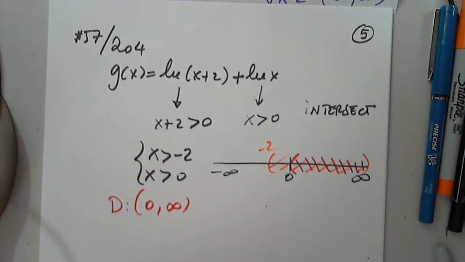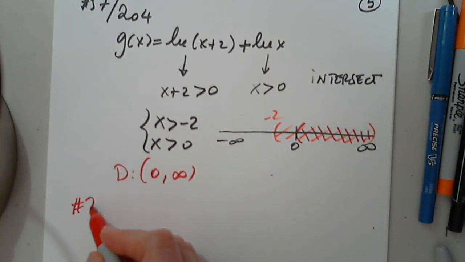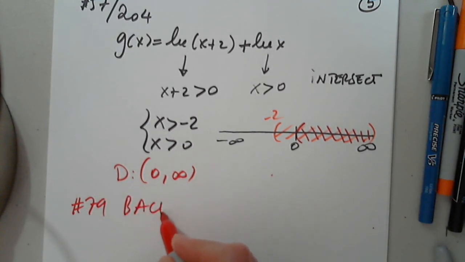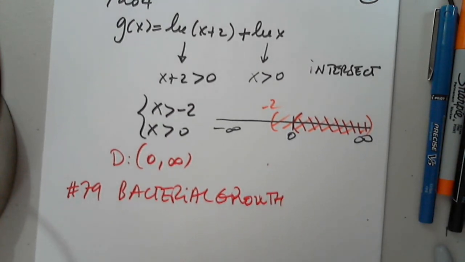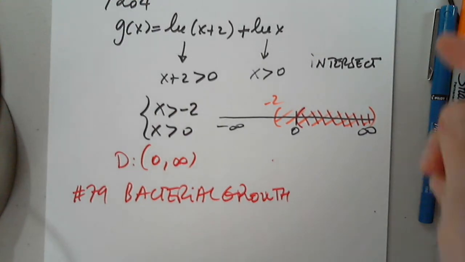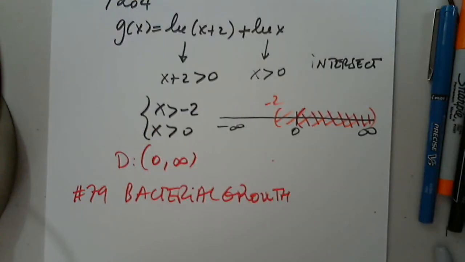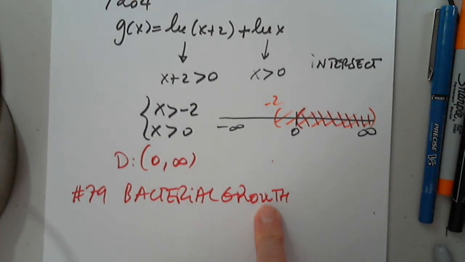Okay, let's look at bacterial growth, number 79. Yes, bacteria, as you've noticed, viruses, mice, rats, bats, they grow exponentially.